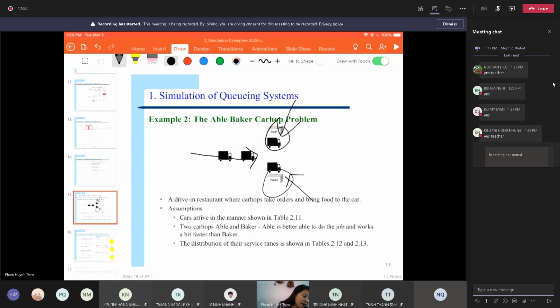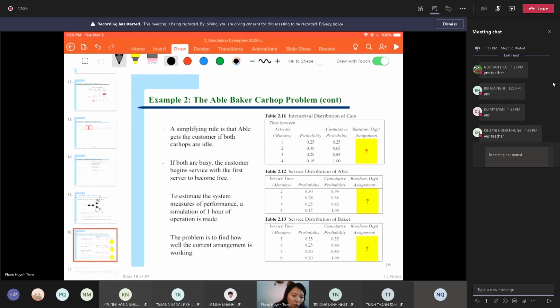We may come up with a general rule: if both Baker and Able are free, then we will assign the car to Able, because according to our data, Able is a little bit faster than Baker.